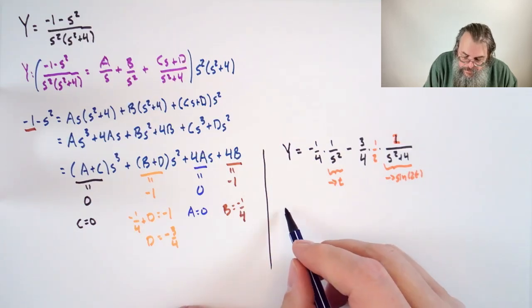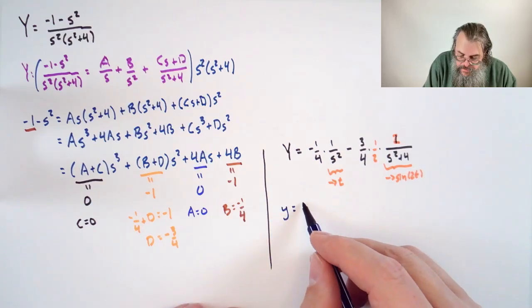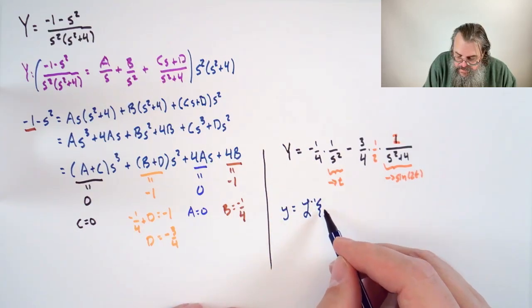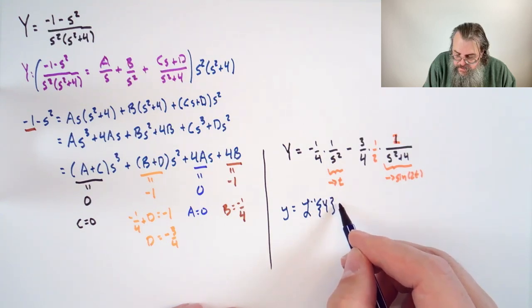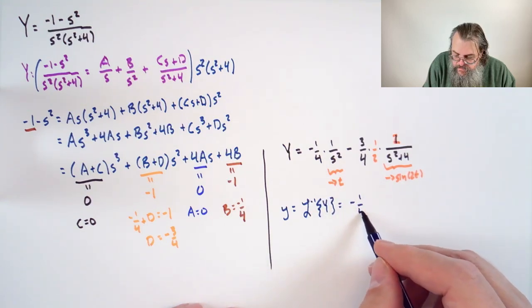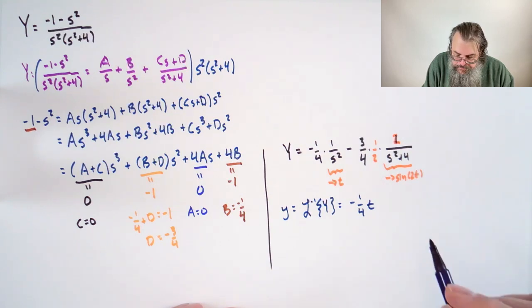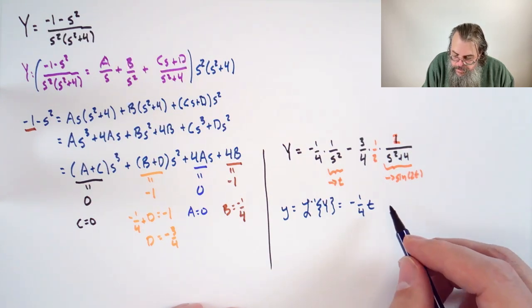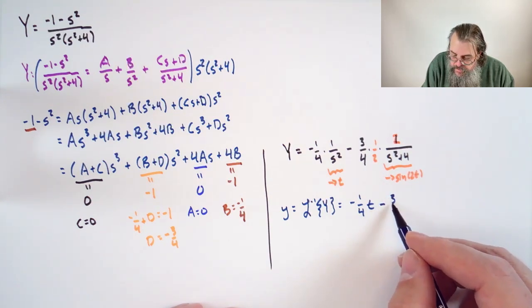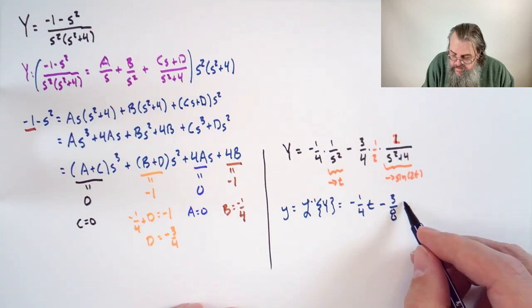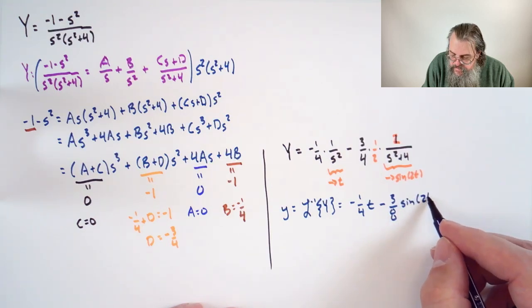And so our final answer for y. Okay, so y is equal to the inverse Laplace of our capital Y, which is -1/4 t minus 3/8 sine of 2t.